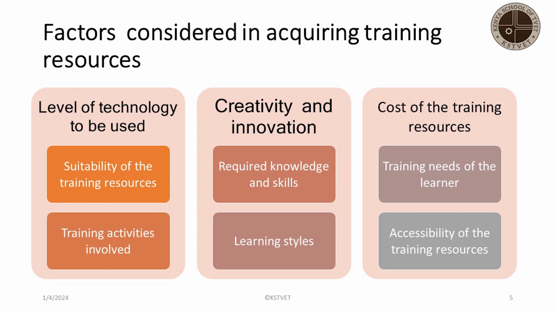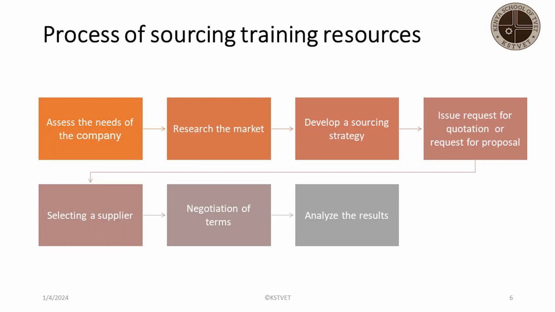Let us now look at the process of sourcing for the training resources. What is the process followed when sourcing for these training resources? The process of sourcing for the training resources includes 1. Assess the needs of the company.